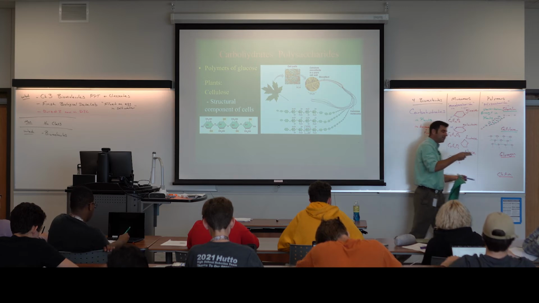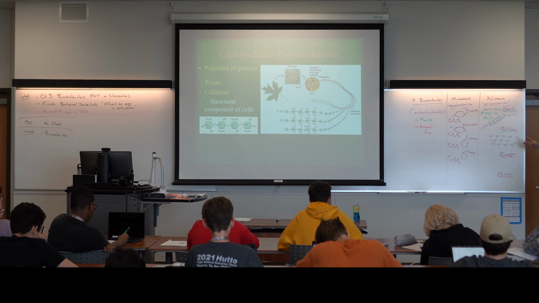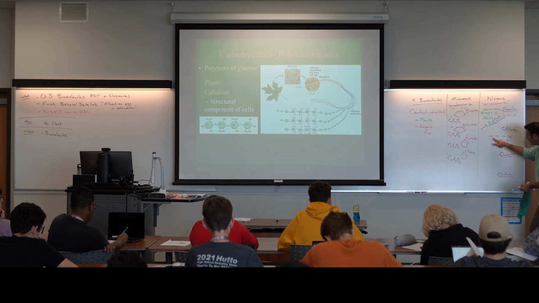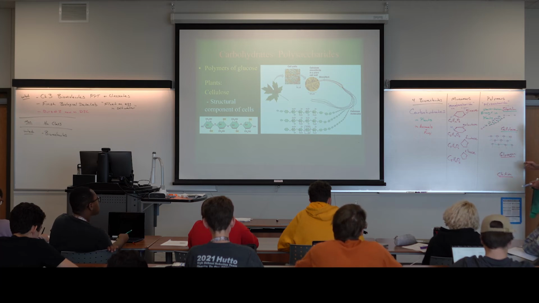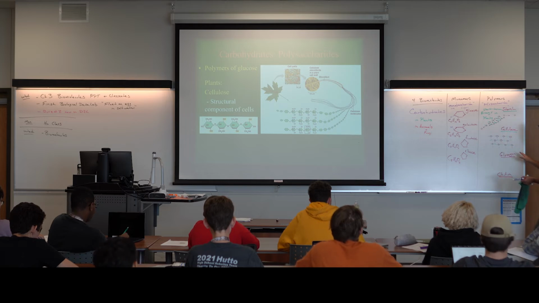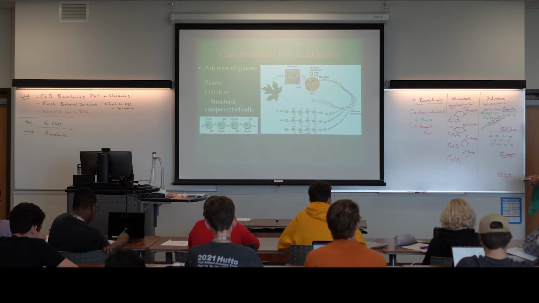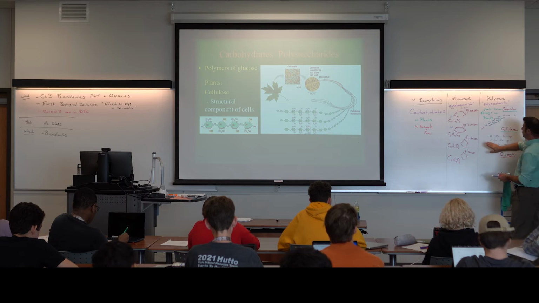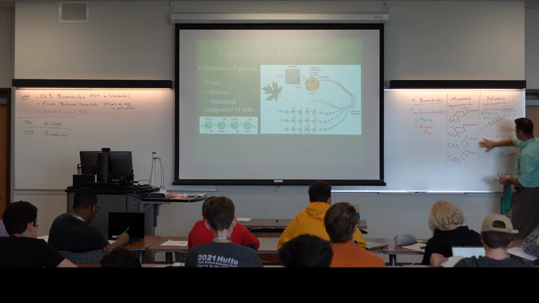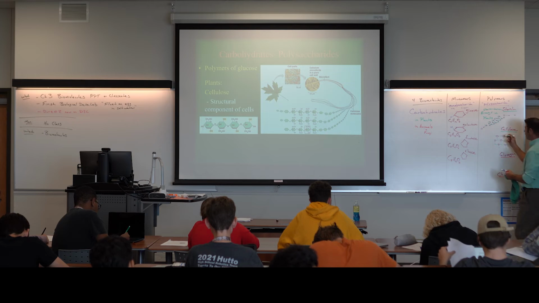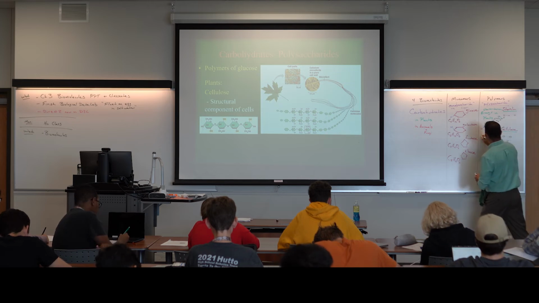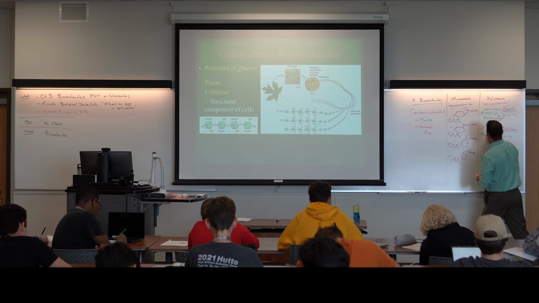If I'm acting as these molecular scissors again, and I want to come snip off a glucose molecule, and I make a little snip right there, I haven't released any glucose molecule. Or if I come in here and make a snip, each of those glucose molecules is still held in place by multiple bonds. So cellulose isn't going to be used as an energy storage molecule. Instead, it's going to be used as a structural component in plant cell walls. So cellulose, we're going to say found in plant cell walls.